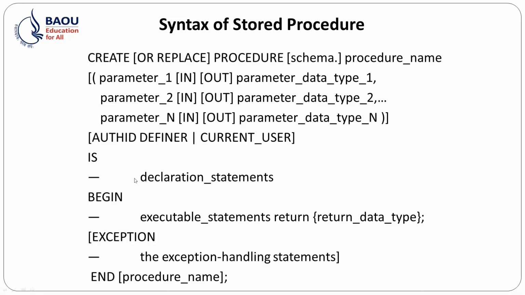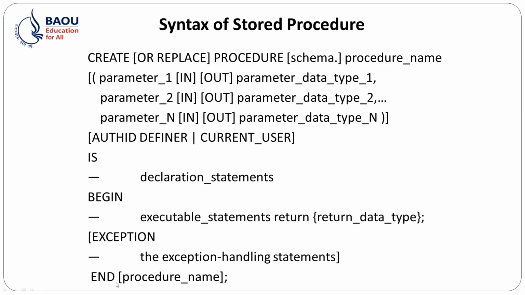Then IS, here we declare the variable, and then BEGIN. Here in the begin part, our logic is here, the executable statements, and the return statement is also written here, which value it will return. But in procedure, there is no return part. It automatically uses the OUT parameter mode, so it will return the value. And then the exception section, it is optional, not compulsory.